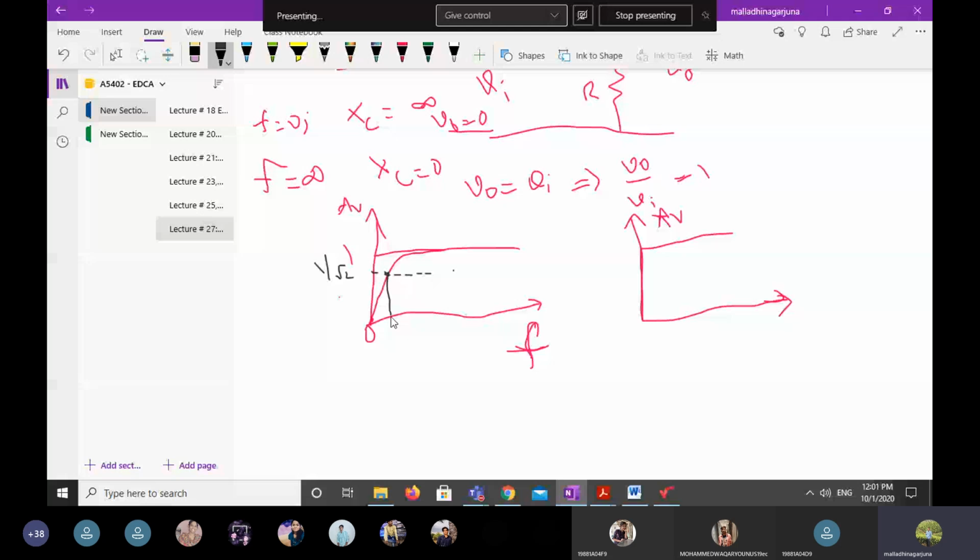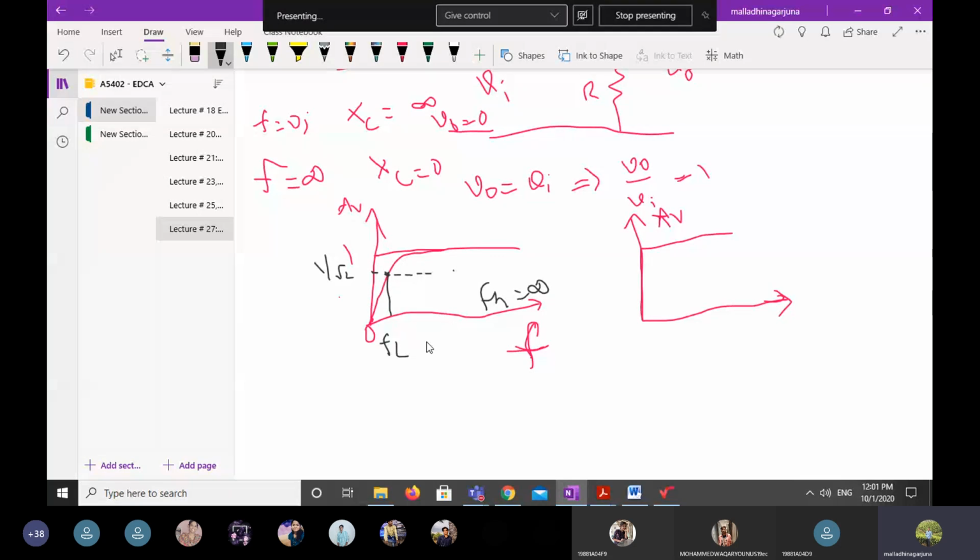Whereas the upper cutoff frequency is not coming down. There is no contact between this straight line and this line, both are going parallel. So FH, the higher cutoff frequency, is equal to infinity for a high pass filter. For the lower cutoff frequency, FL equals 1 by 2 pi RC is the formula.